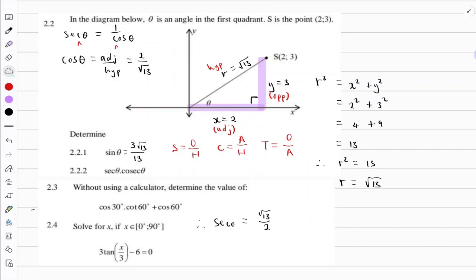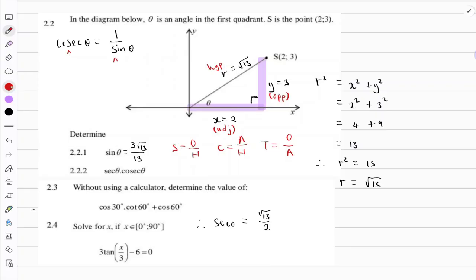Okay. So now we have to go about finding cosec theta. So cosec theta, by definition, is 1 over sine theta. I remember this with the s's here, right?